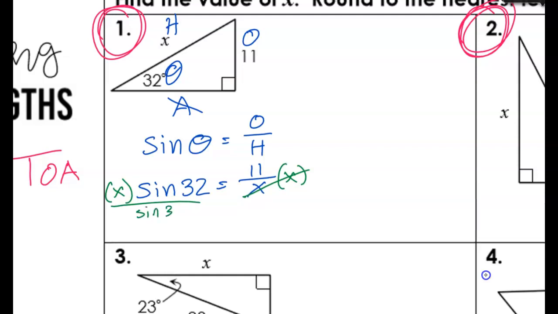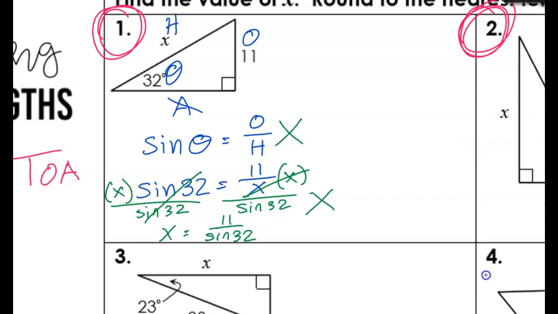So you end up with, these cancel, X is equal to 11 over sine 32. Now, if I was doing this on my own, I wouldn't write all this.